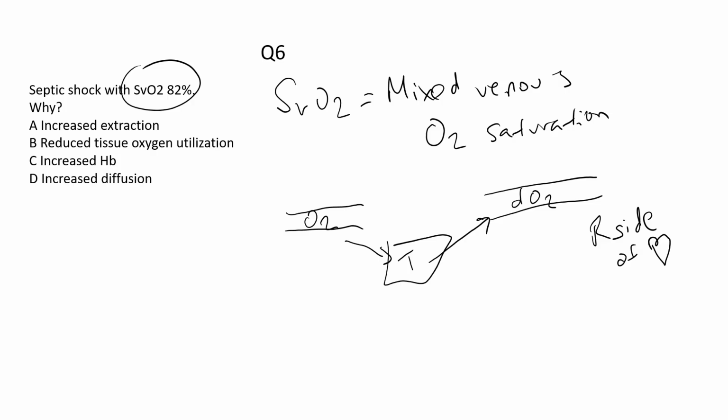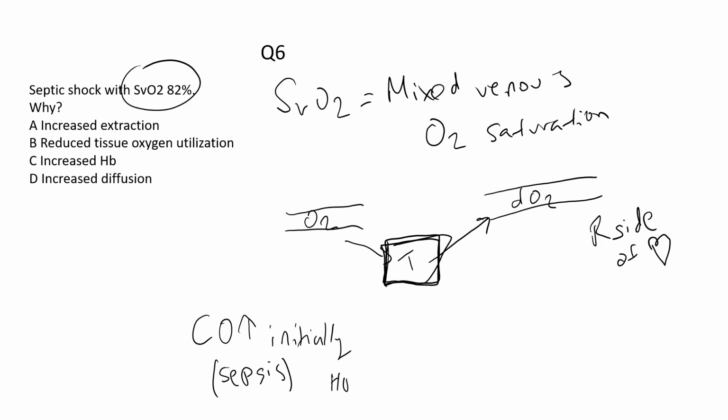So in this case, in sepsis, the tissues are utilizing oxygen less. Why is that the case? Remember, in sepsis, you have an increased cardiac output initially, right? So what does that mean? That means you have an increased heart rate, and your heart is pumping so fast, and blood doesn't have enough time to spend in the tissues.